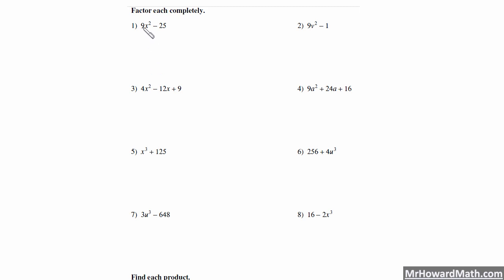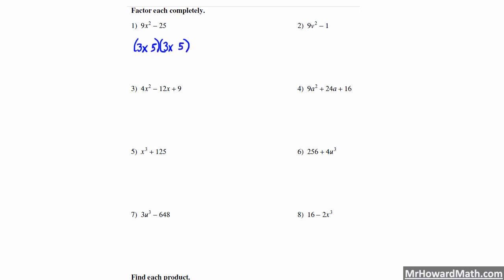The square root of 9 is 3, the square root of x squared is x, the square root of 25 is 5. So all we're going to do is write two sets of parentheses. We're going to put the square root of this one twice, once here, 3x, and once here, 3x again. We're going to put the square root of this one here and here.